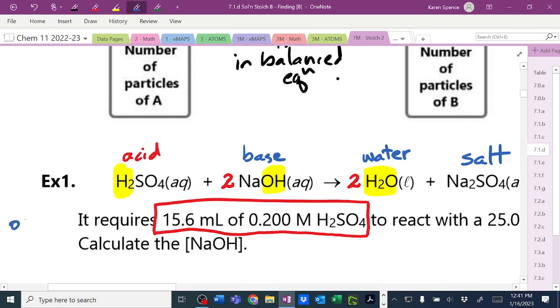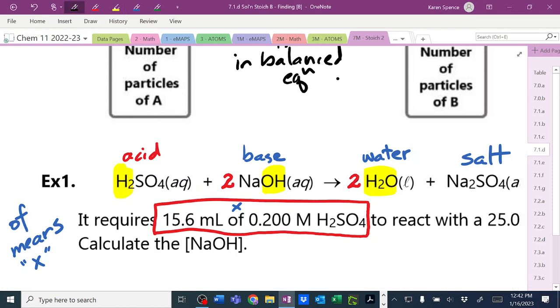Of means multiply. So you are going to multiply 15.6 milliliters times 0.200 molar. But before you do that, what should you do with your milliliters? You should convert it into liters.